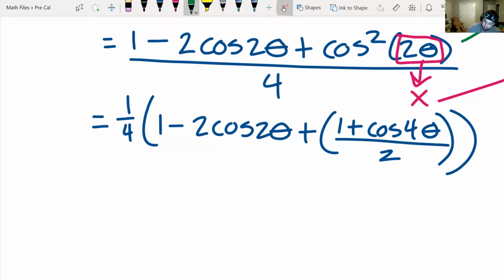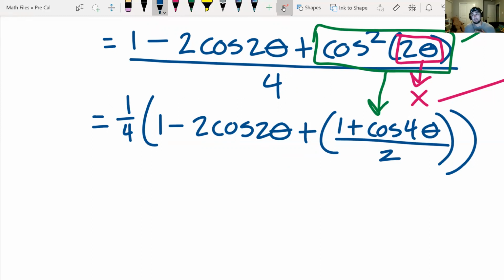So once again, all of this became that. Okay, now the rest is cleanup. We got the powers down to 1, split that fraction into 2, then distribute the 1/4.